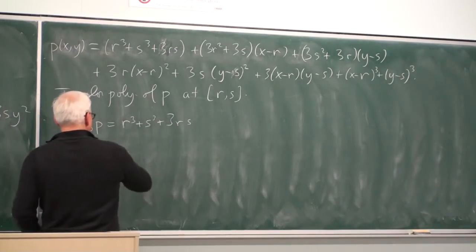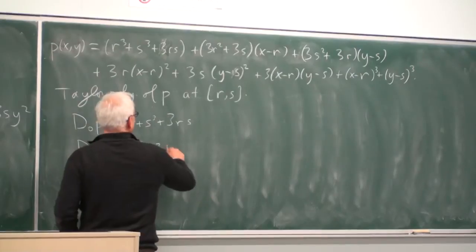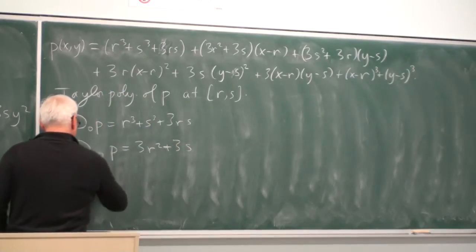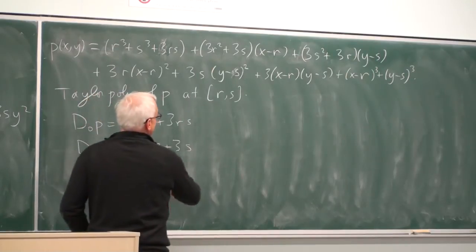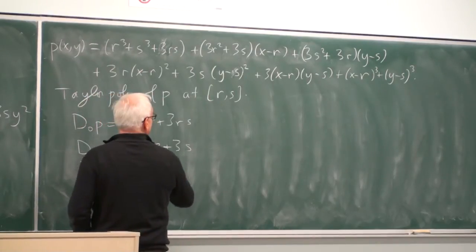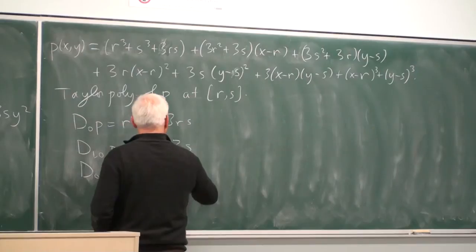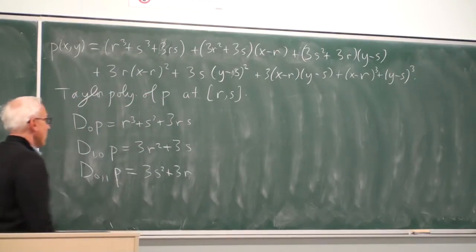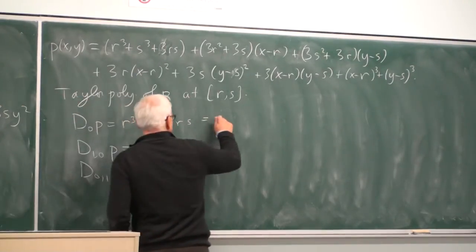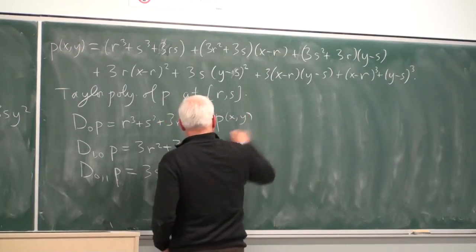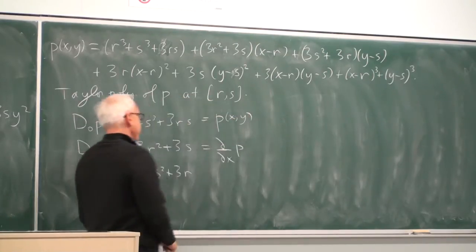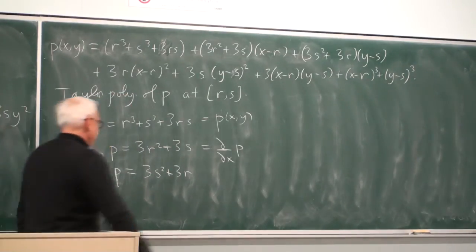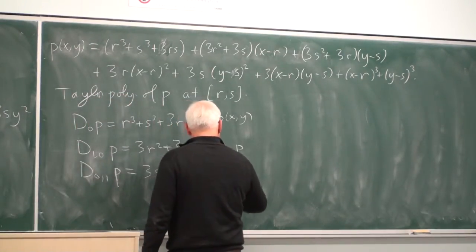So d1,0 of p will be 3r squared plus 3s, while d0,1 of p is 3s squared plus 3r. This is what would usually be called the partial of p with respect to x, and this is the partial of p with respect to y.